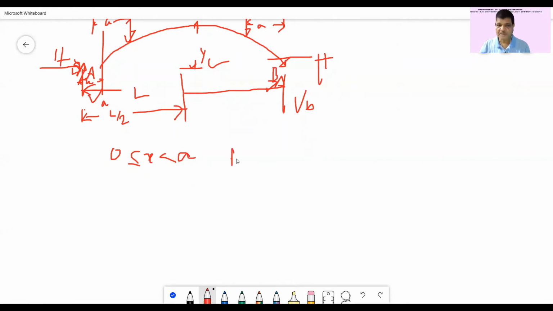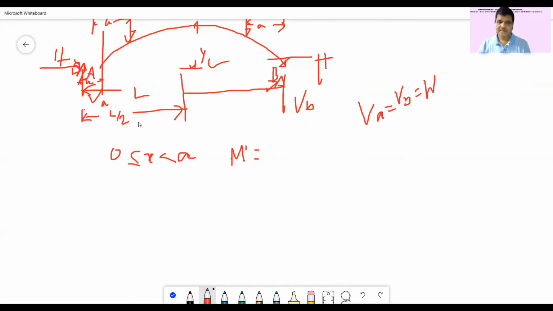The bending moment M dash will be equal to W into x, because it is symmetrical, so you'll find the reactions VA is equal to VB is equal to W. The supports will be W each.